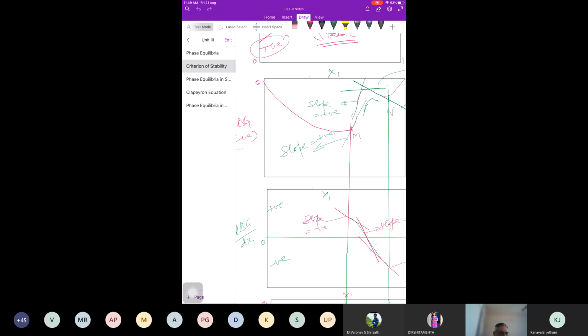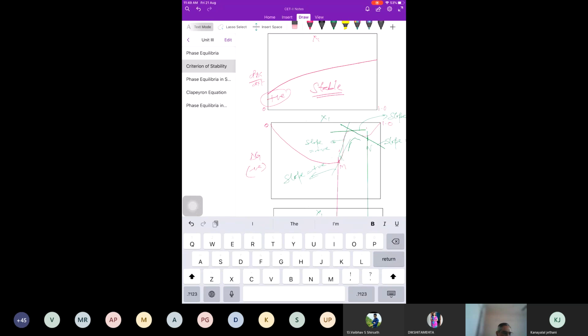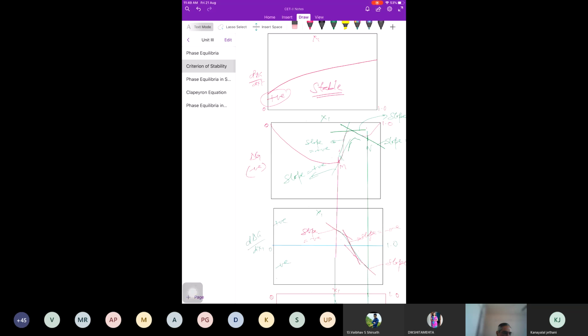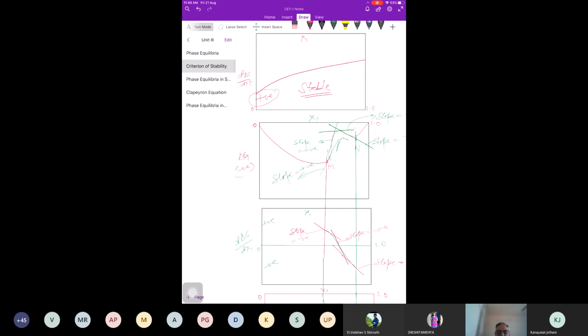If I take this convex upwards portion and draw a tangent everywhere to this curve in this region only, here it is positive, here it is 0, and here it is negative. So the tangent on this part is positive, here it is flat, so 0, and here it is going to be negative. Okay?